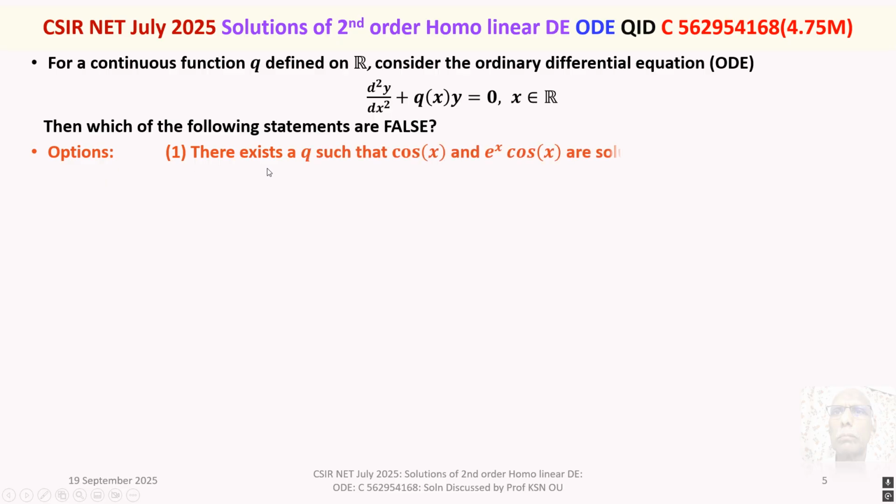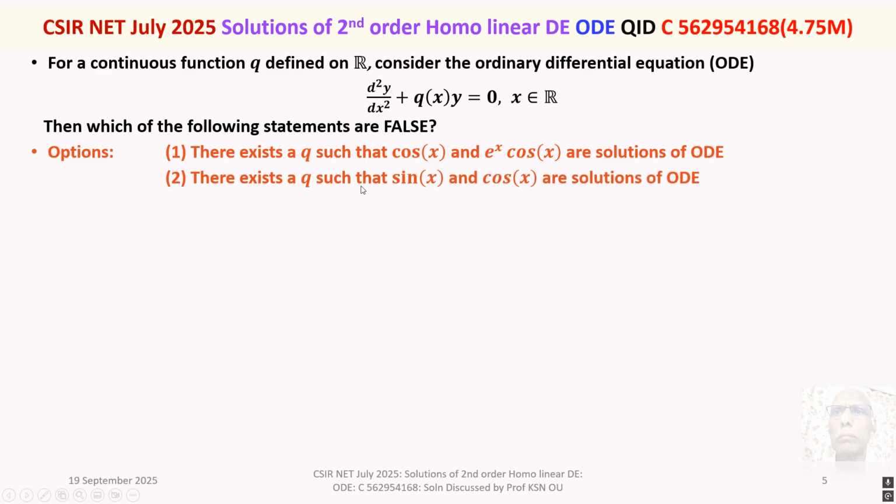Option 1, there exists a q such that cos x and e power x multiplied by cos x are solutions of ODE. Option 2, there exists a q such that sin x and cos x are solutions of ODE.